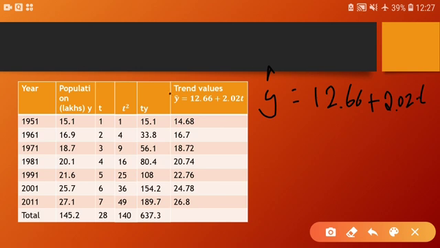Now you need to find the trend values for each year. So this column is actually the answer, but I'll explain how I solved this column. That means year 1, year 2, year 3, 4, 5, 6, 7, all the years. Let's start from t is equal to 1. You take t as 1 and find the y cap.